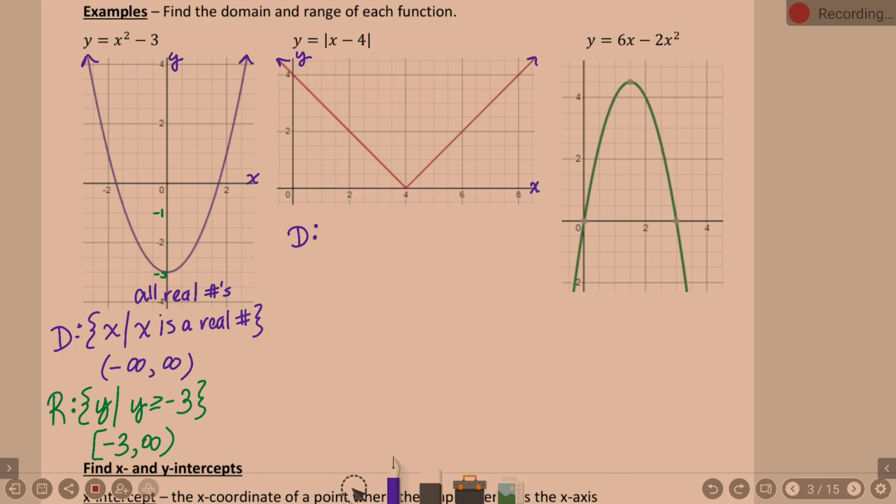Okay, so we could use set notation, x such that x is a real number.